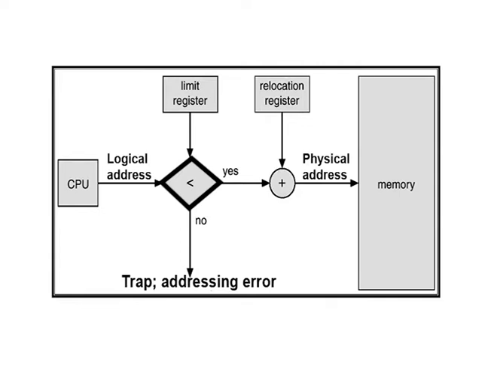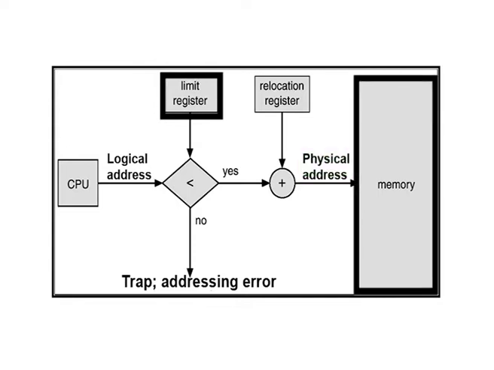If the address generated by CPU is not valid, that means less than the base register, it results in a trap to the operating system. It means that the process is trying to access the code of some other process or the operating system memory area. If the address generated by CPU is valid, it is compared with the limit register. If the address is within the process size limit, it is cleared to make a physical memory access, otherwise again a trap to the operating system is generated.